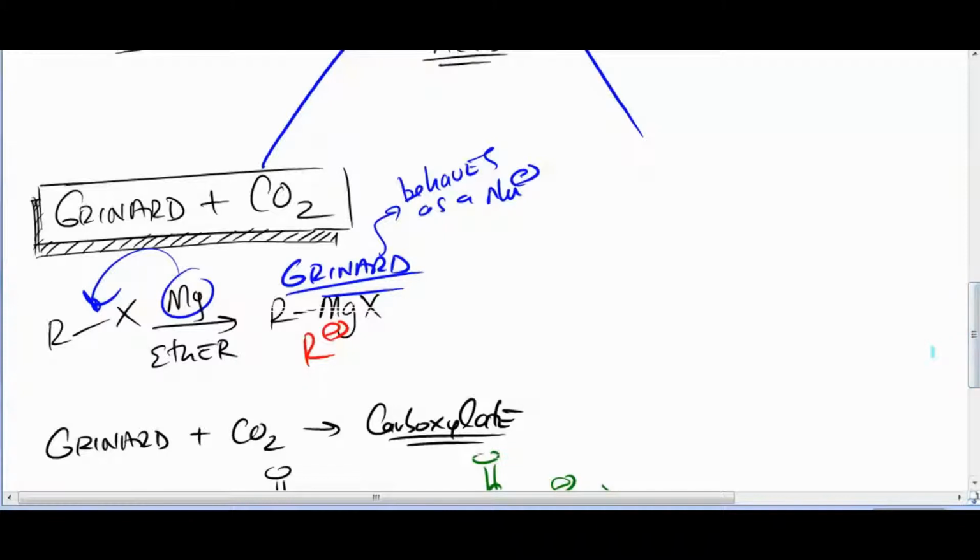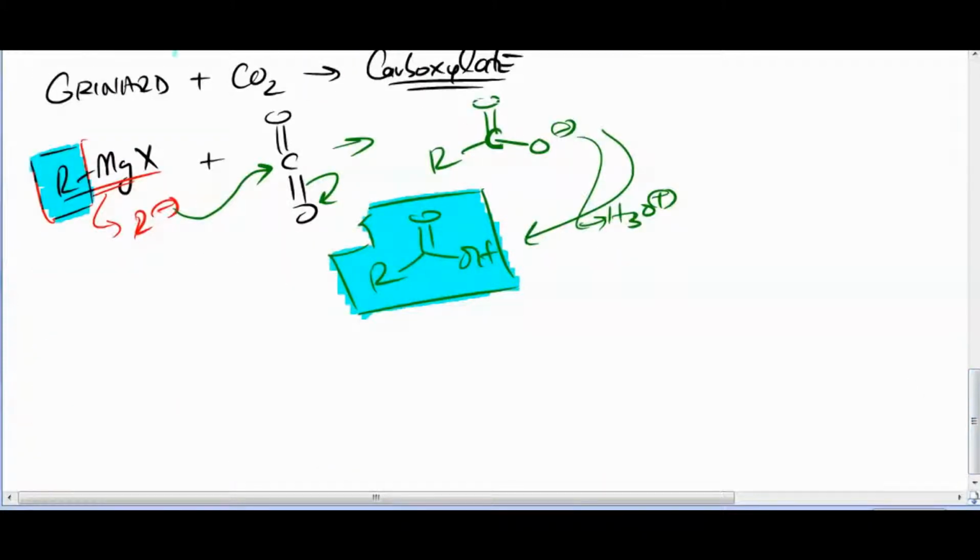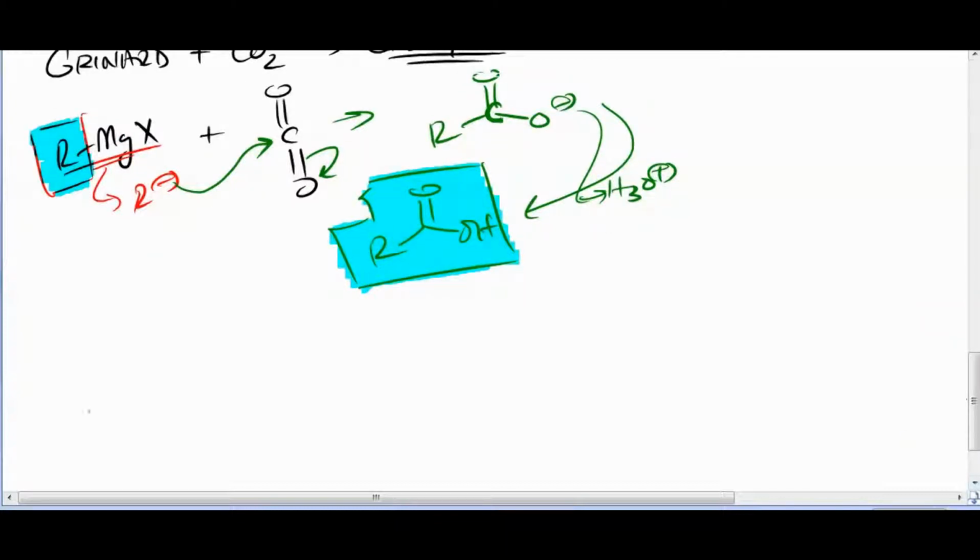So if you start off with some alkyl halide, let me show you something really fast. Let's say, for example, I started off with this. Actually, if I start off with this, an alkane, I can react this with Br2 and heat, and I can generate this guy here.